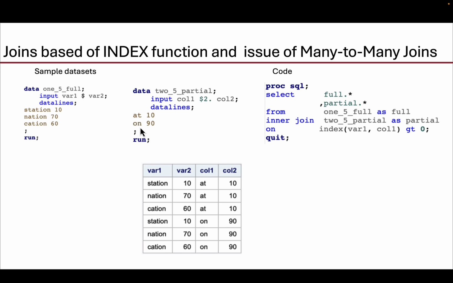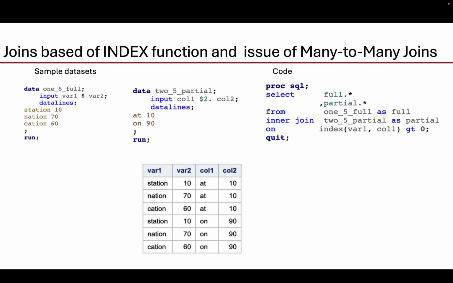Same is the case with on; you can see that on is there in all the three. Whenever we have this kind of join where we are matching a partial string with a full string, there can be a many to many join. So 80 matches with these three, on matches with these three, and this gives many to many joins.